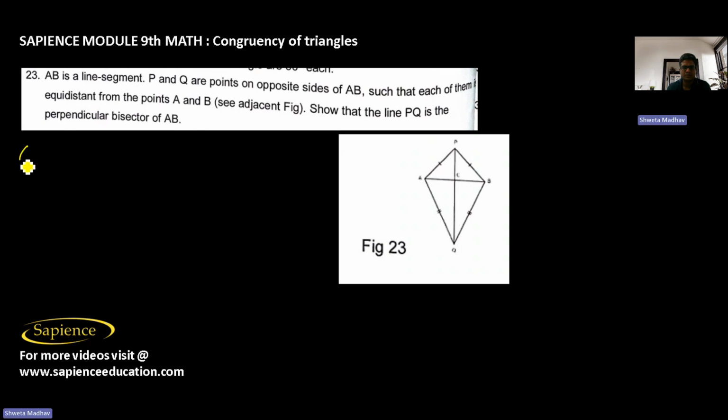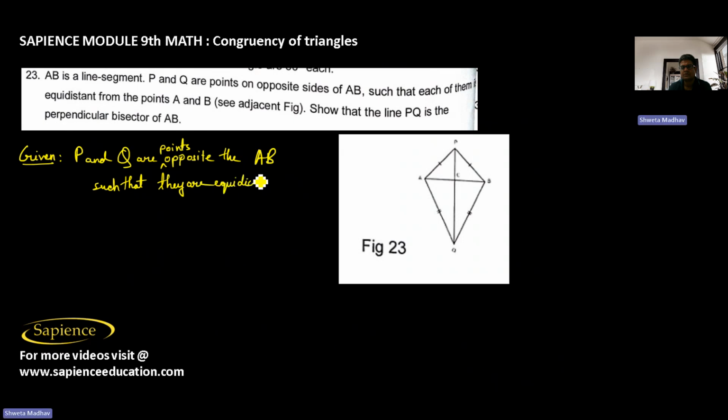So first we'll write what is given. It is given that P and Q are two points which are on opposite sides of the line segment AB, such that they are equidistant from it.